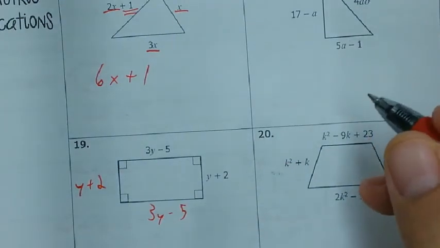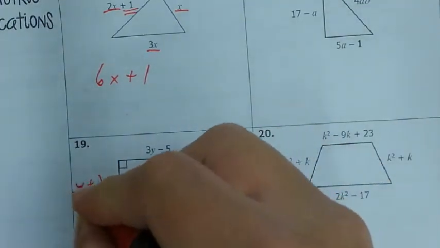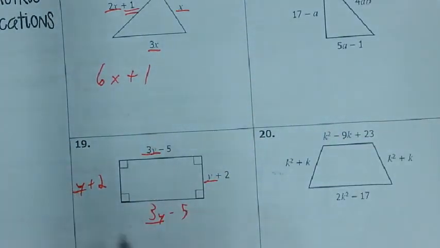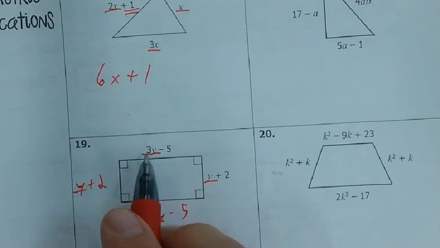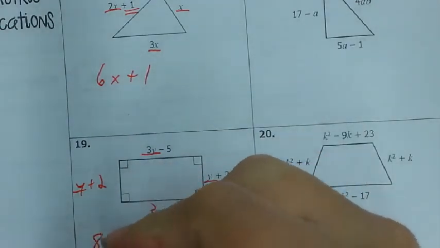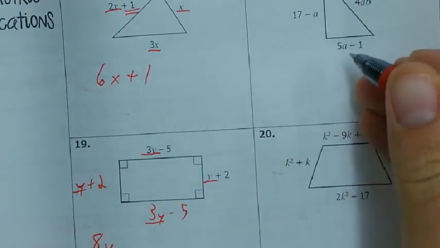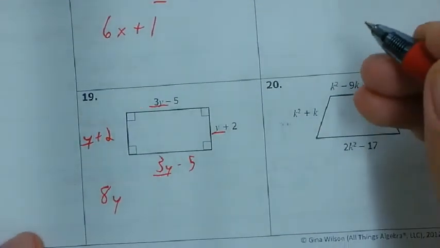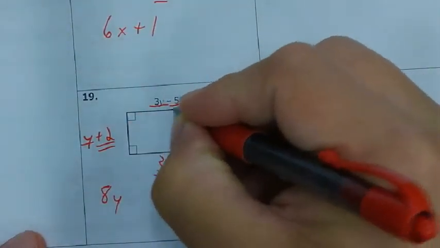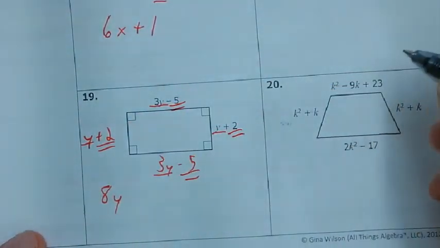What's our like terms? All the y's. So think of that as 1 plus 3 plus 3 plus 1. That's 8. So it's going to be 8y. Everybody see how we got 8y? And now we're going to do 2 minus 5 plus 2 minus 5.